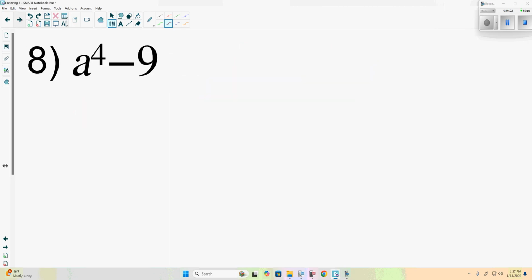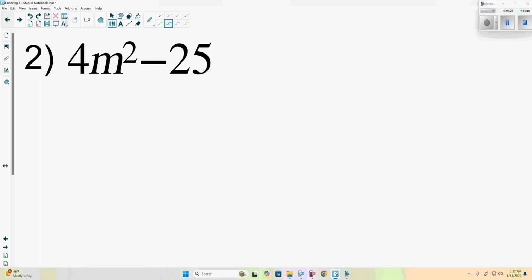4m squared minus 25. You know what? Let's add 25n squared. All right, guys. What times itself is 4m squared? 2m. What times itself is 25n squared? 5n.